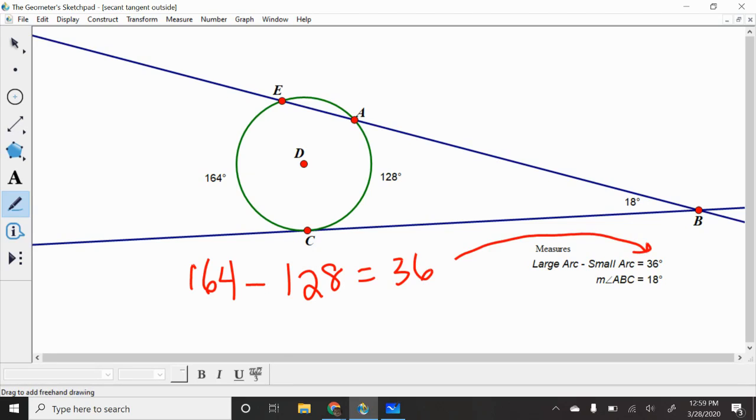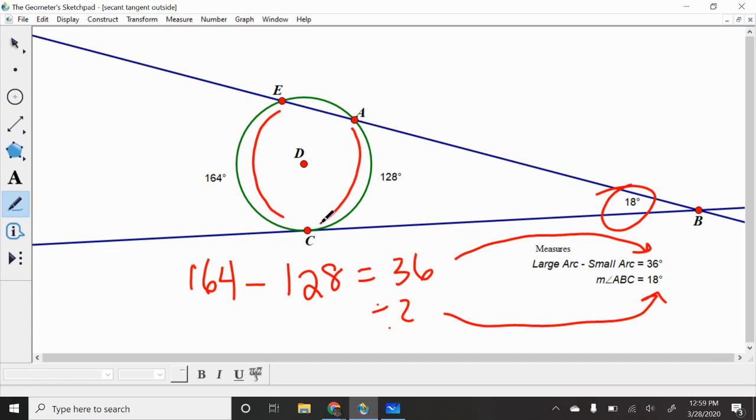And when we divide that by 2, we get 18. And that's this. So again, it's arc minus arc divided by 2 is equal to the angle on the outside.